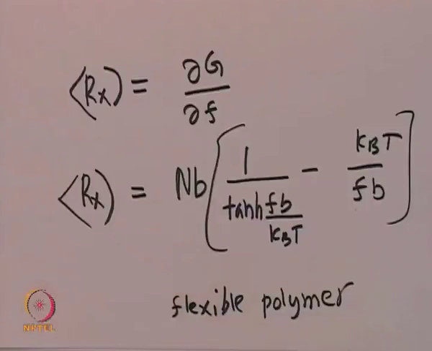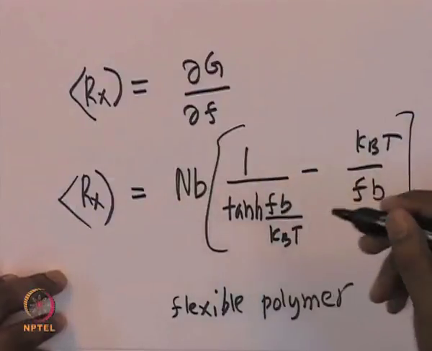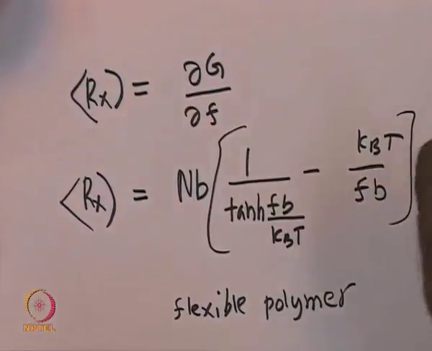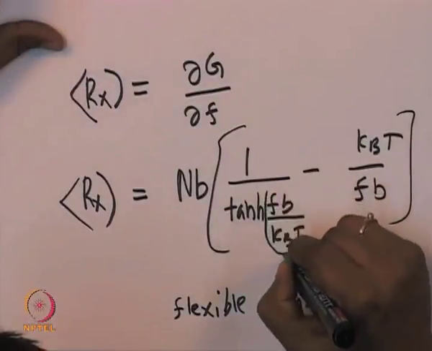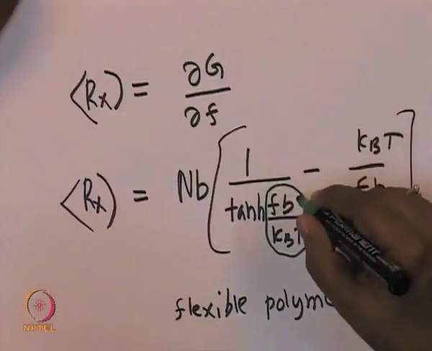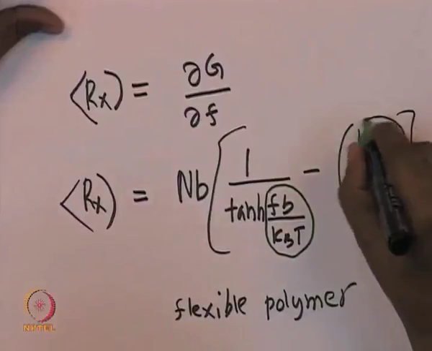This is a measurable quantity, you can do it experimentally, you can measure this and you can see a few things. If I take f b by kBT and call it x, then kBT by f b will be 1 over x.